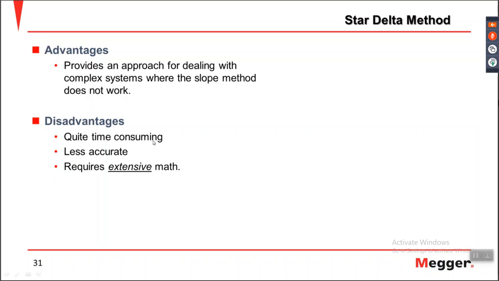But the disadvantage is that it is quite time consuming, especially because there are many calculations, many math formulas. You need to calculate every single formula, and it is less accurate compared to the fall of potential method, which is more reliable and accurate. It also requires extensive math, which is another disadvantage of this method.